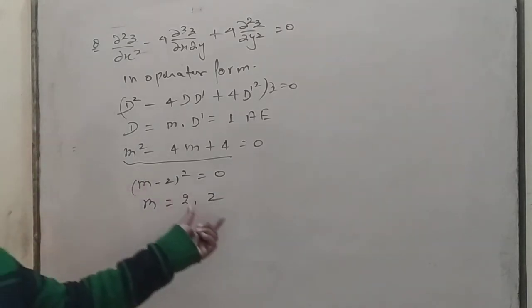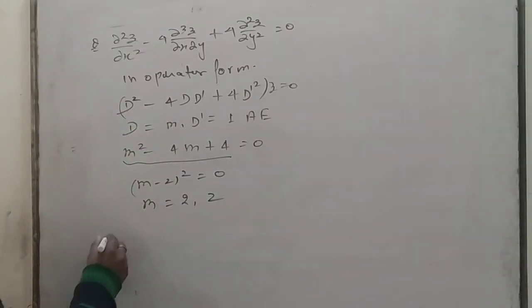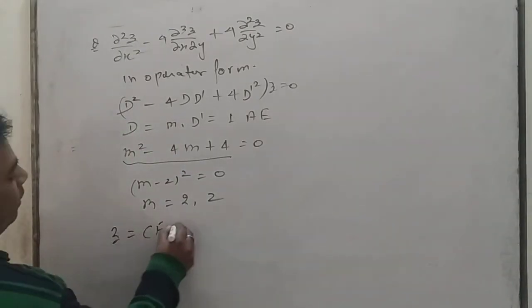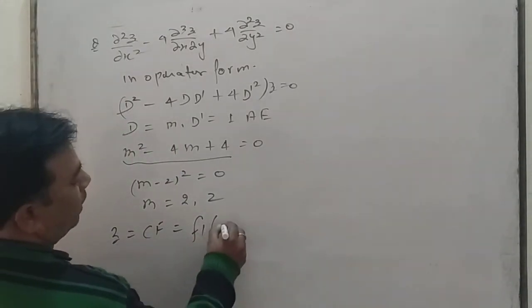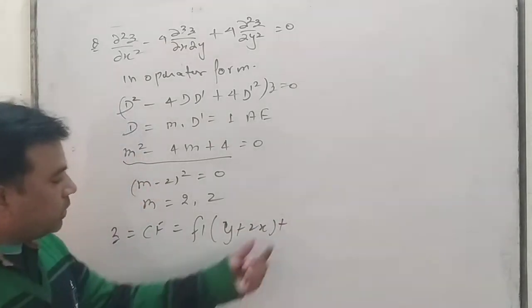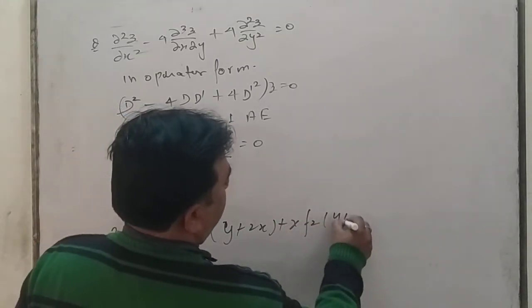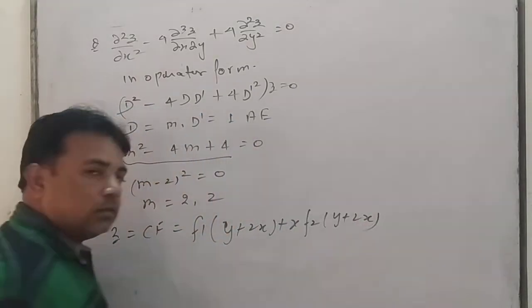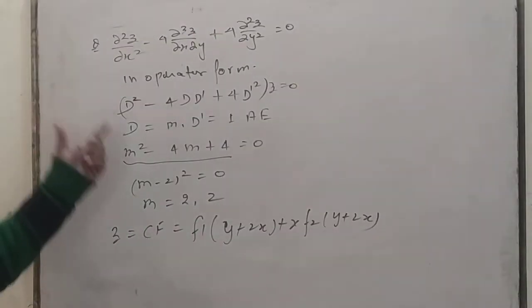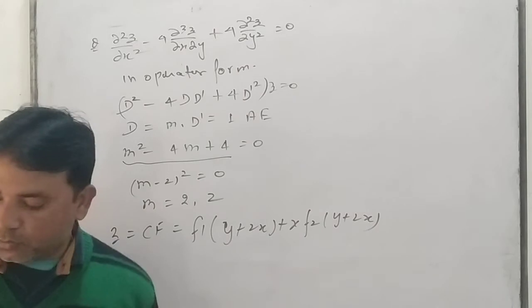The roots are real and equal. We write the CF as z equals f1 of y plus 2x plus x times f2 of y plus 2x. This is the complete solution of this equation by this method. Please make a note.